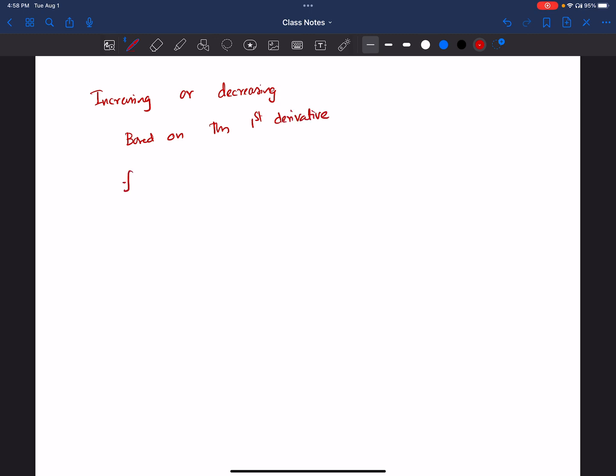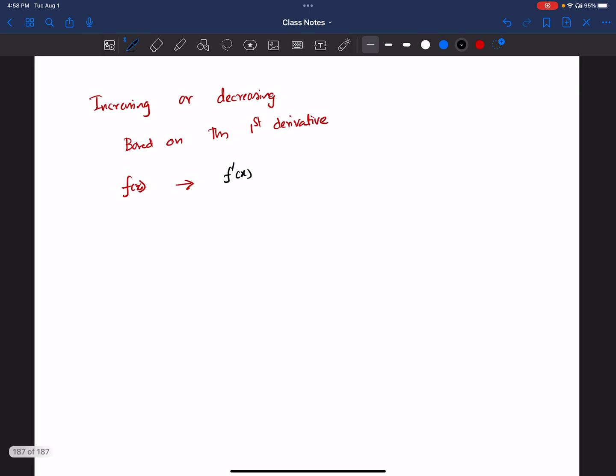If you have a function f of x, and its first derivative, f prime of x, is greater than 0 for some region where x is in the interval AB, then f is increasing.